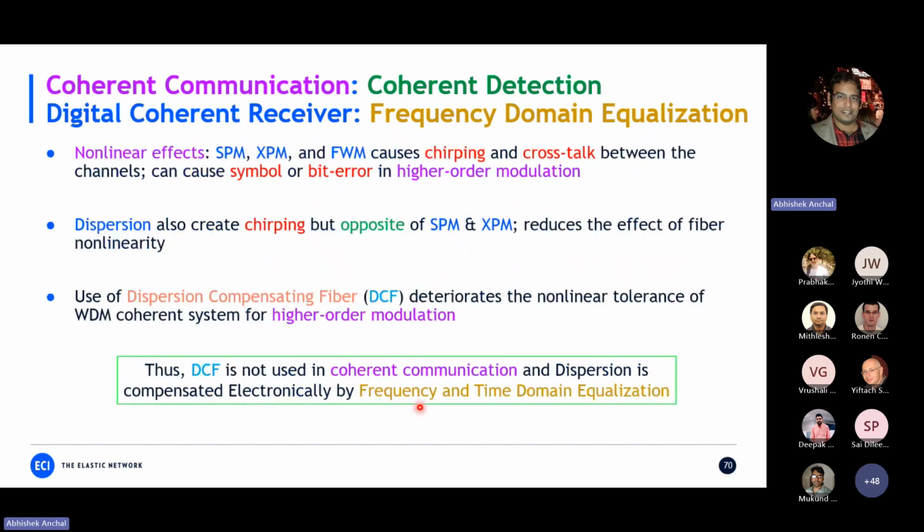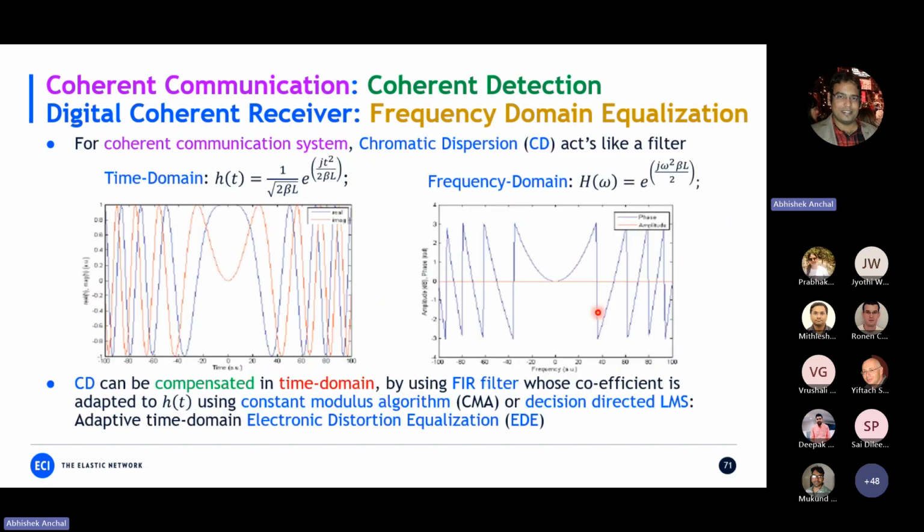And it is done in the frequency and time domain equalization. So it's a very simple way to do it, at least theoretically. It takes a lot of time to explain it, but I'm not going to discuss mathematics and all the process. You can go through here, but it's just like chromatic dispersion. We can model it as a kind of filter, and so in the frequency domain you have this filter function or the frequency filter diagram, and this filter you can implement electronically.